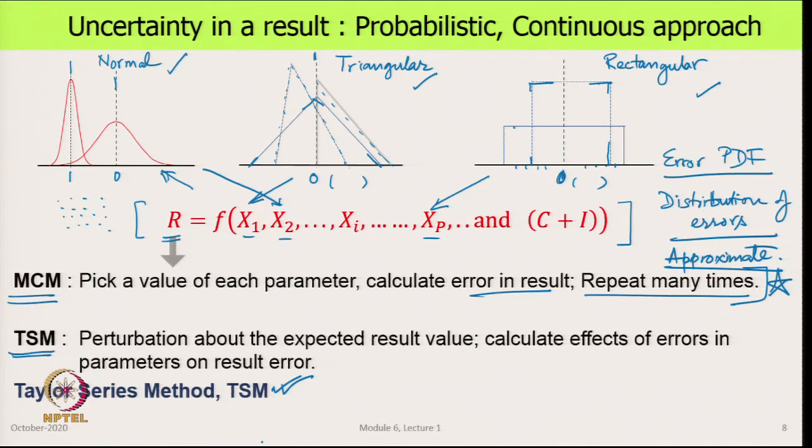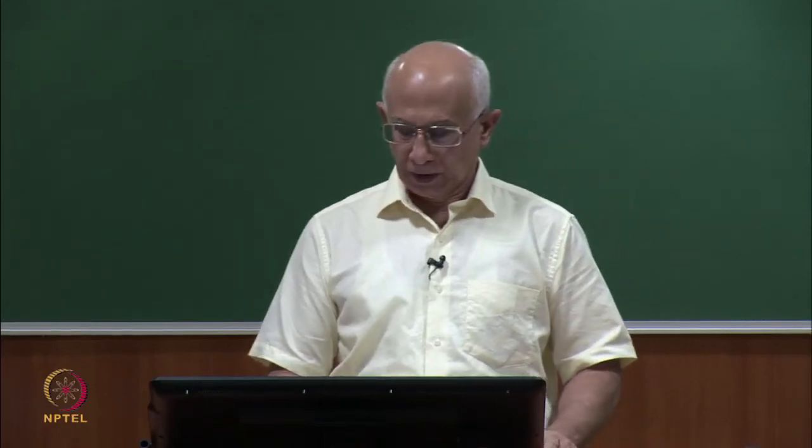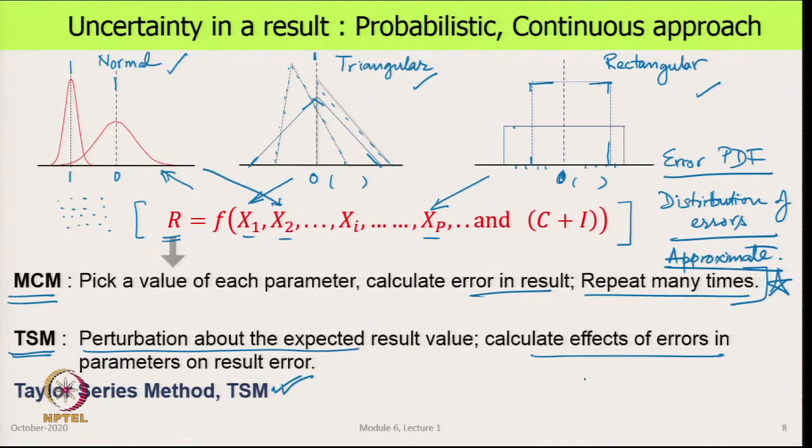We write the result formula as a continuous equation and say that if the individual parameters are perturbed by a small amount, how can I calculate the perturbation that comes out in the calculated result? So, that is what we are doing here, and for this we need calculus. In this we needed probability and statistics.